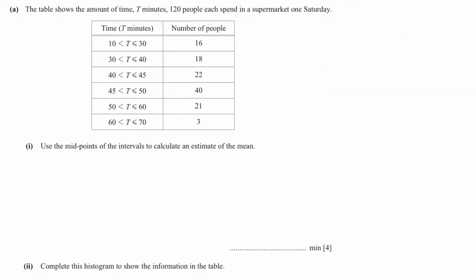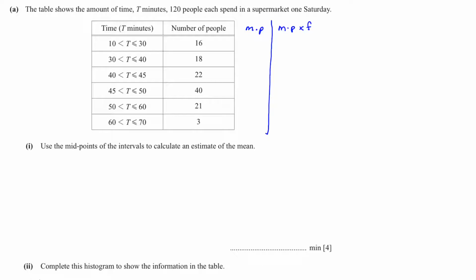The next question, the table shows the amount of time, T minutes, 120 people each spend in a supermarket one Saturday. So this is group data. A1, use the midpoints of the intervals to calculate an estimate of the mean. So we have to find the midpoint and then we multiply the midpoint by frequency.